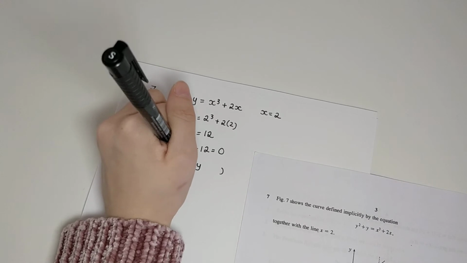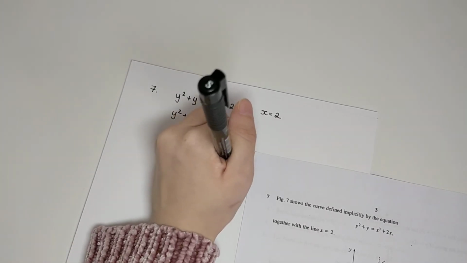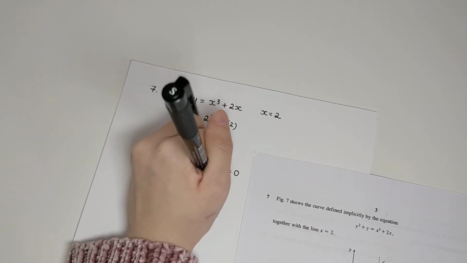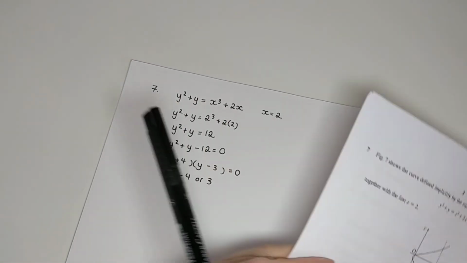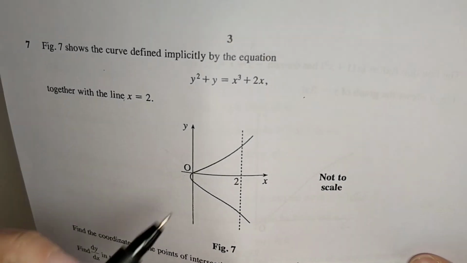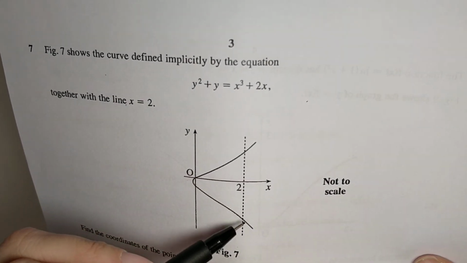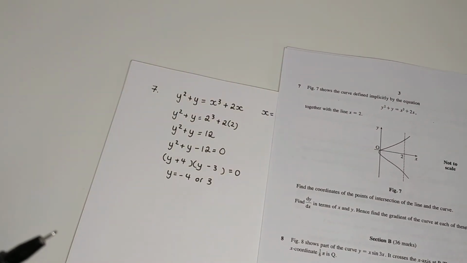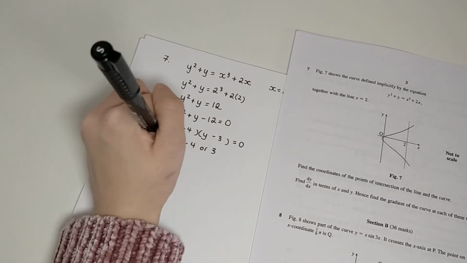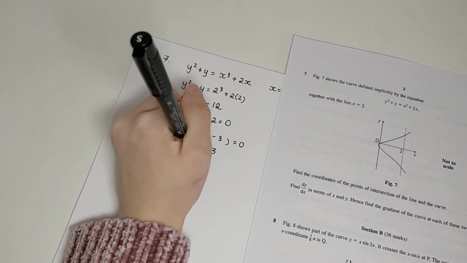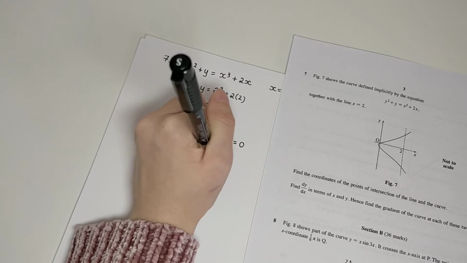Minus 4, plus 4 minus 3. So y is minus 4 or 3. Does that make sense? Yeah, it's just a little bit off centre, so it makes sense that that would be a little bit less than that one. Cool. And the x coordinate is obviously 2, right? So 2, minus 4 and 2, 3.